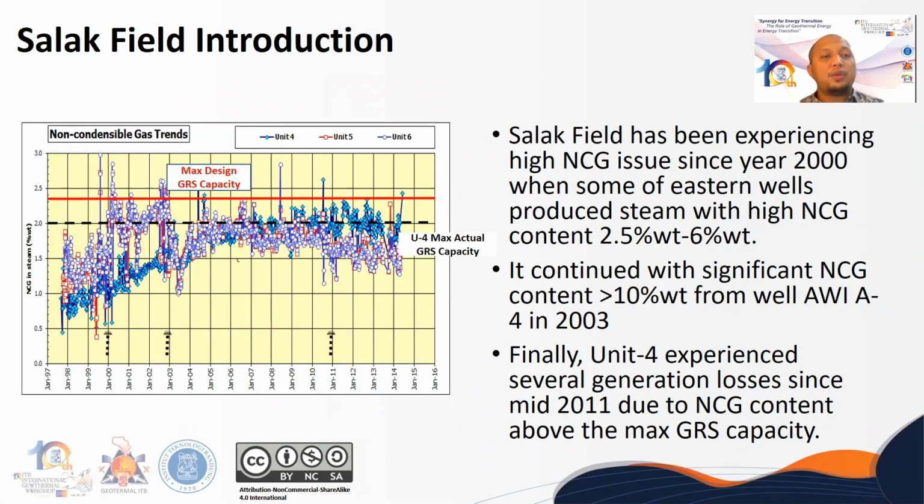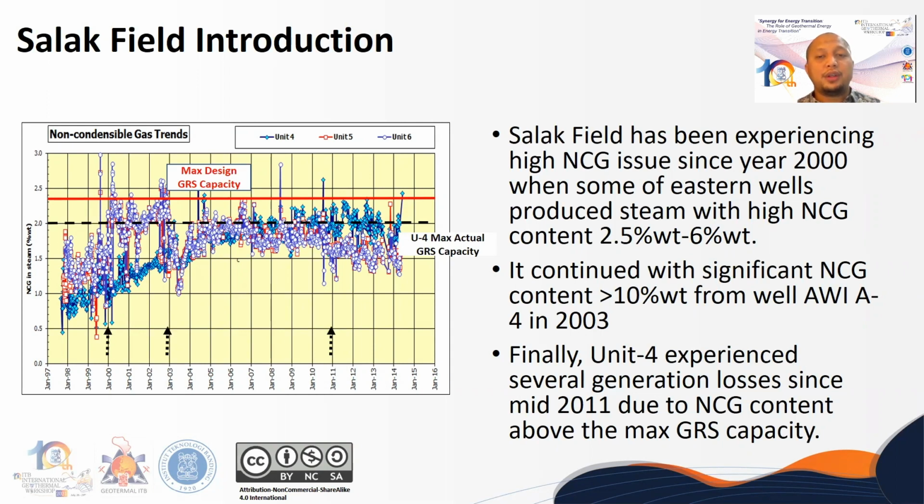The left picture shows the NCG content profile from 3 power plants in Salak, unit 4, 5, and 6. Based on the picture, we can see that Salak field has been experiencing high NCG issues since year 2000, when some of the eastern wells produced steam with high NCG content ranging from 2.5% until 6% of weight.